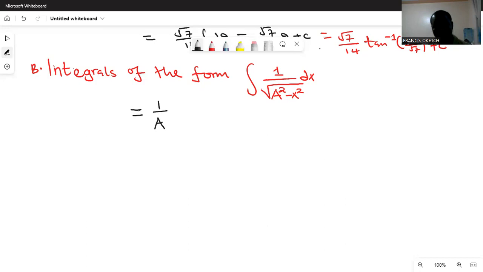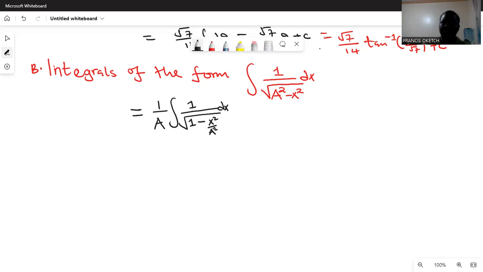So that will be 1 over a times the integral of 1 over the square root of 1 minus x squared over a squared. What I've done is to factor out a squared from the square root so that we have the same problem written in this form.